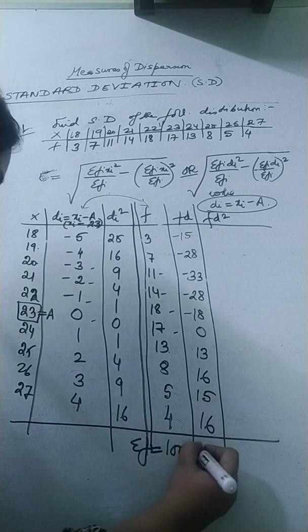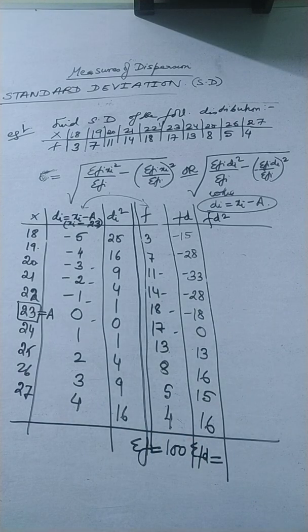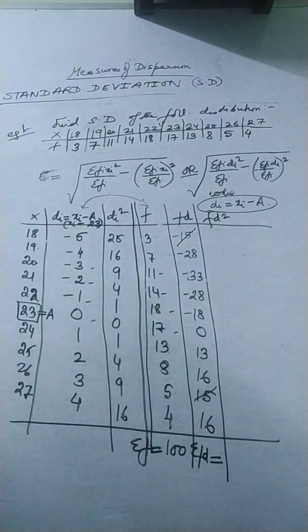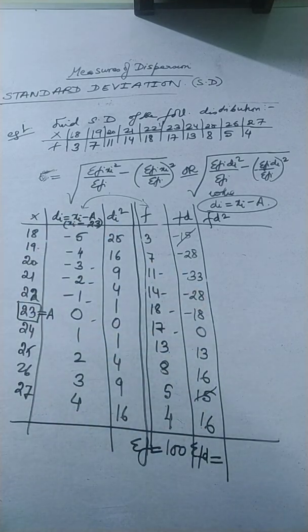I need summation FD, so I will write summation FD is equal to addition now. Anything cancelling? Yes, 15 is cancelling over here. What else? Nothing else is cancelled. 16 twos are 32, no? So this is 32 over here and there's a minus 33 over there.